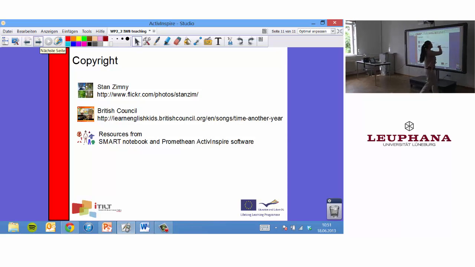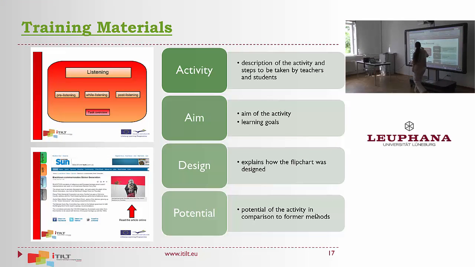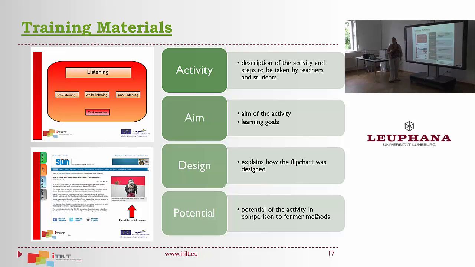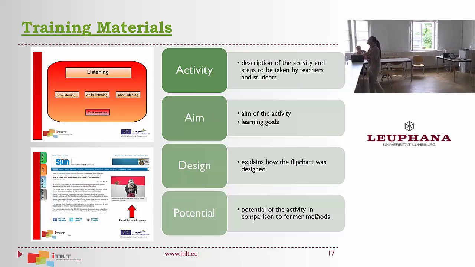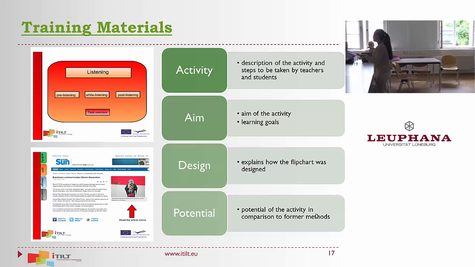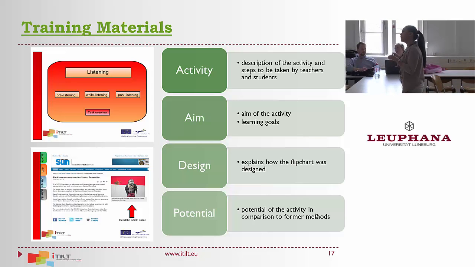The copyright, everything's there, so we made sure we used copyright materials. Okay? And this is an example of material just for the training. But the most interesting thing is that when you go to the website, we have more than 200 learning objects, more than 200 video clips of real lessons, and sometimes these learning objects also include the resources that the teachers used.